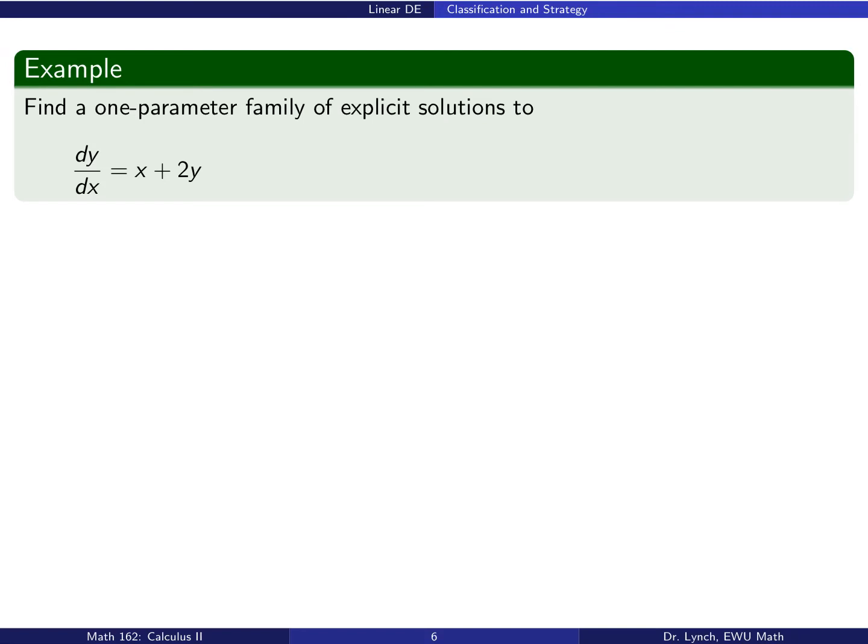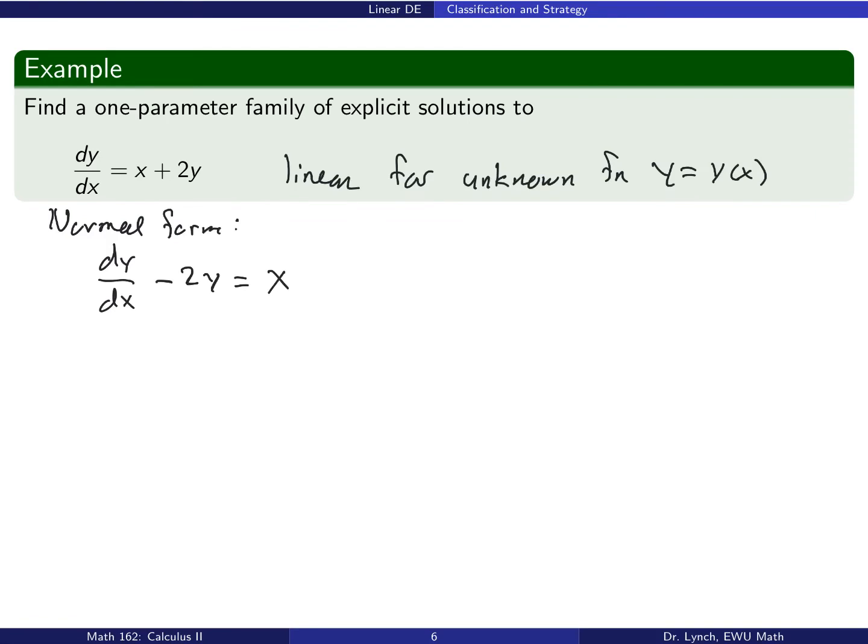This, as it turns out, is a linear differential equation for the unknown function y as a function of x. To see that, we'll express it in that normal form we mentioned before: dy/dx minus 2y equals x. So in this case, minus 2 plays the role of p, and x plays the role of q.